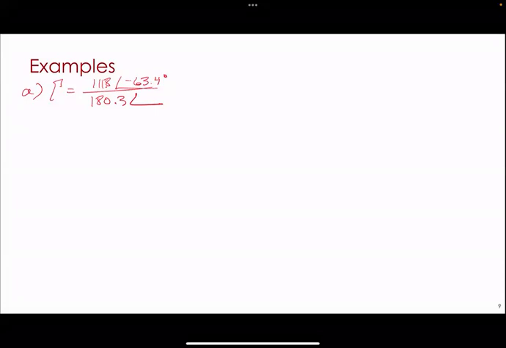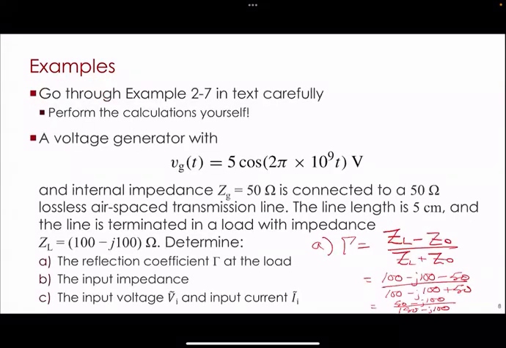In this case, you got minus 63. So you're going down in the y-axis. You're in that quadrant 4. And it was 50 minus J100. So you're to the right and you're down. They both agree. Both quadrant 4, we don't need to do anything with it.